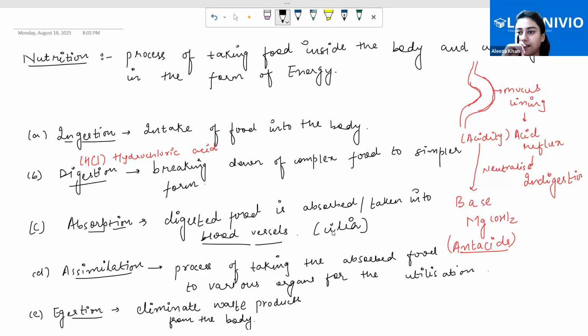I have one small doubt. In absorption you said there's something called cilia, but my teacher also taught me about something called villi. These cilia are the villi only, dear. These are the finger-like projections, resembling hairy appearances. Villi are the cilia only.